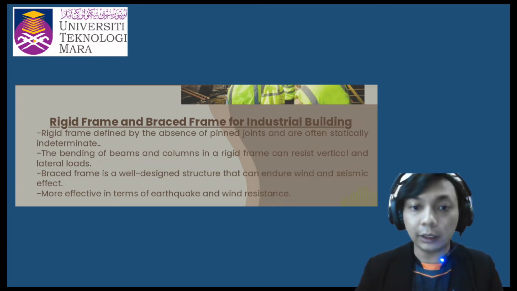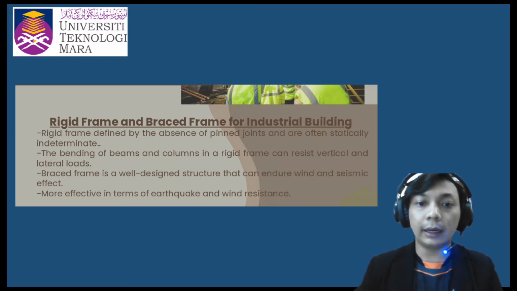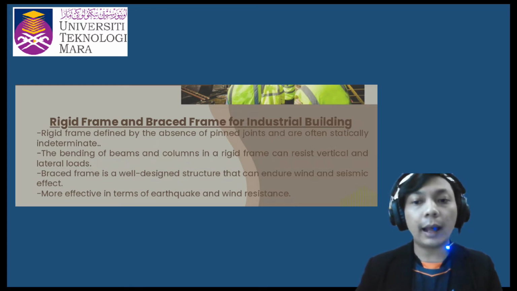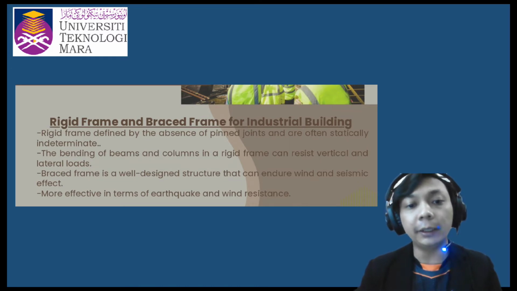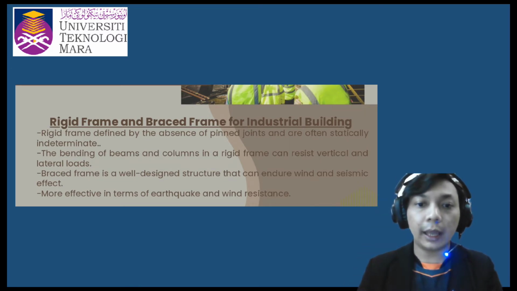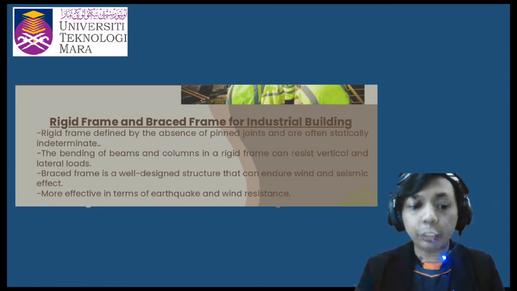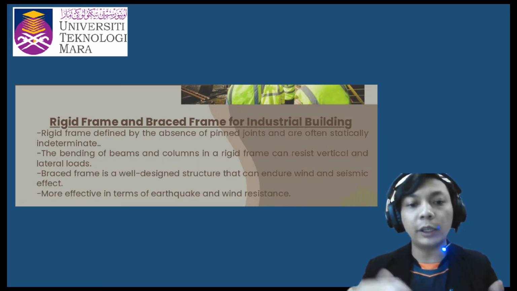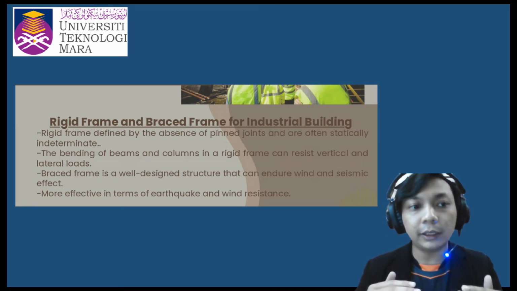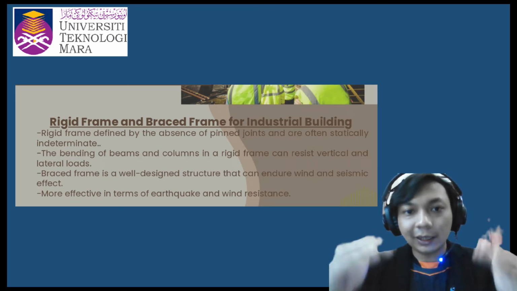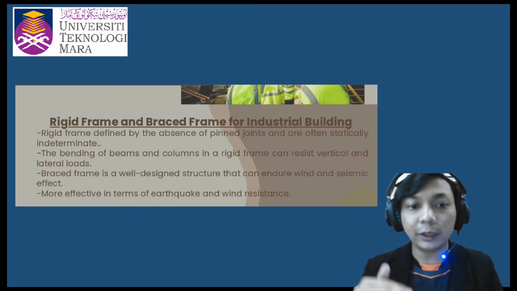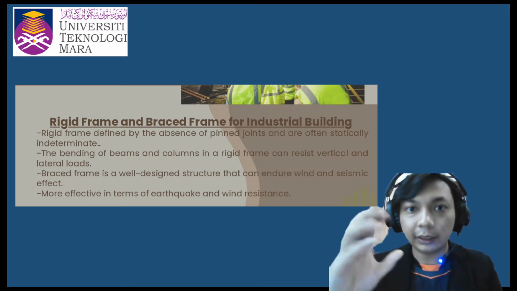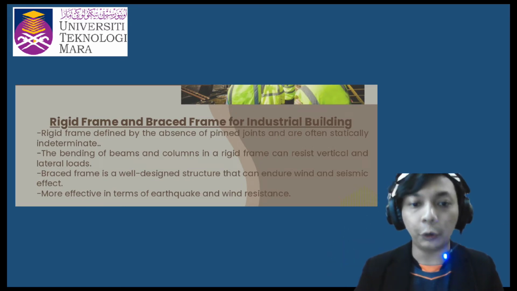Rigid frame systems, also known as moment frame systems, are made up of linear members such as beams and columns. The term rigid refers to the ability to resist deformation. Deformation can be defined as a deformation of a building which the building cannot stand on its own.